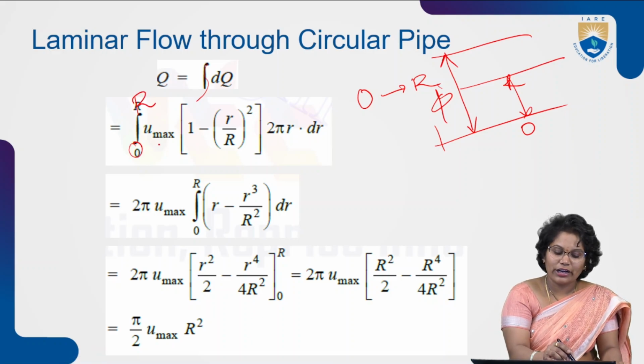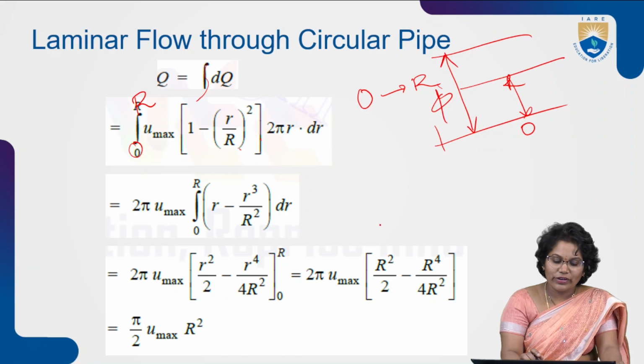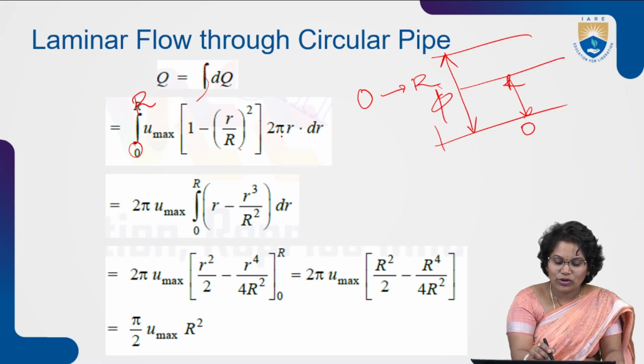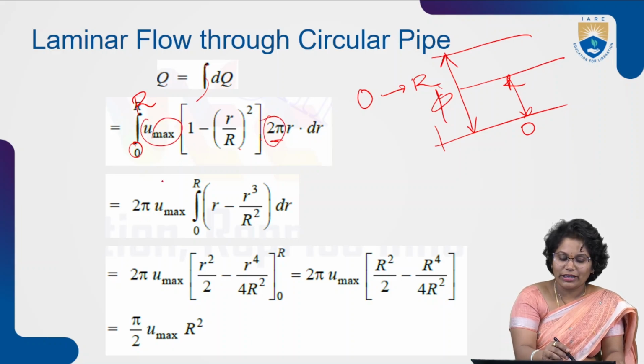So integrating, that becomes U max into 1 minus r by capital R whole squared, into 2 pi r into dr. After that, I am taking 2 pi U max common, since it is a constant.